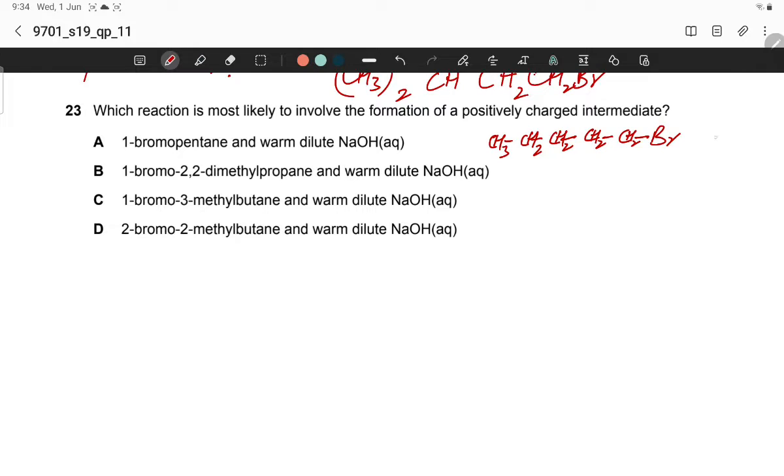This is a primary alcohol formation from a primary haloalkane, and the reaction is SN2 like this.